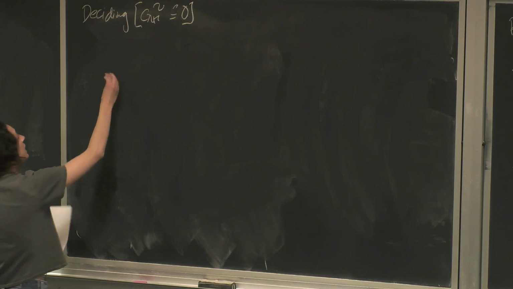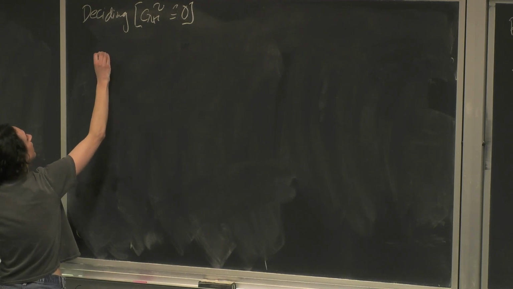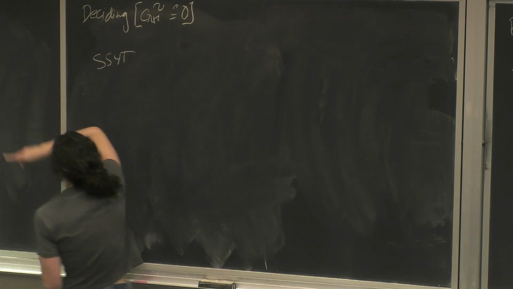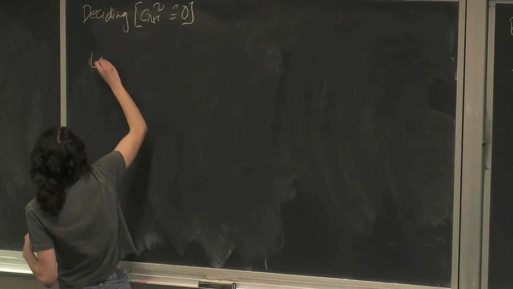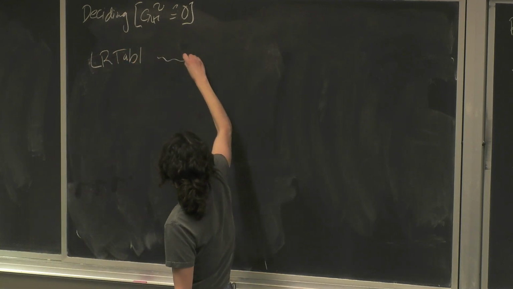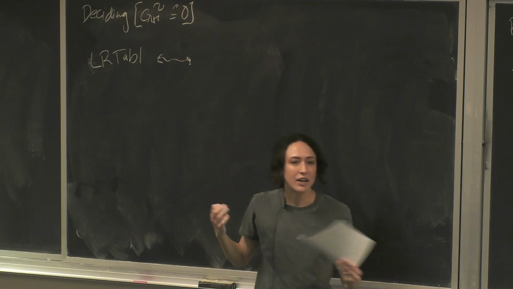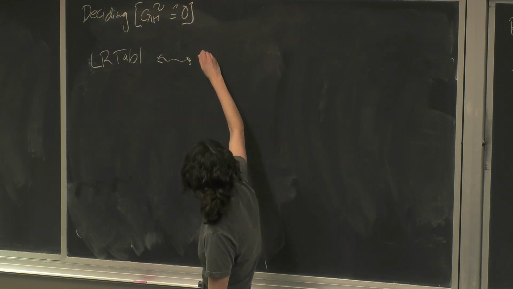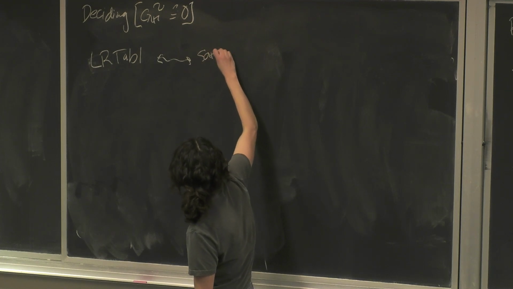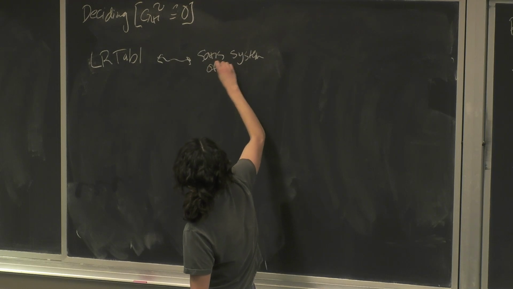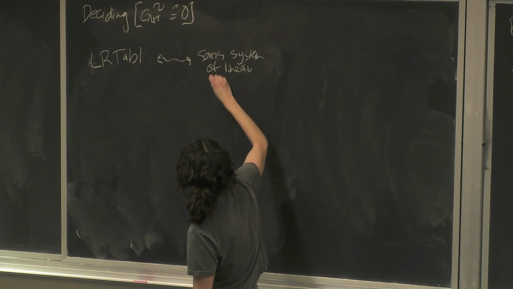So the idea is we could take our semi-standard Young tableau of that type, let's say our LR tableau, and I can characterize what it means to be a Littlewood-Richardson tableau in terms of satisfying a system of linear inequalities.